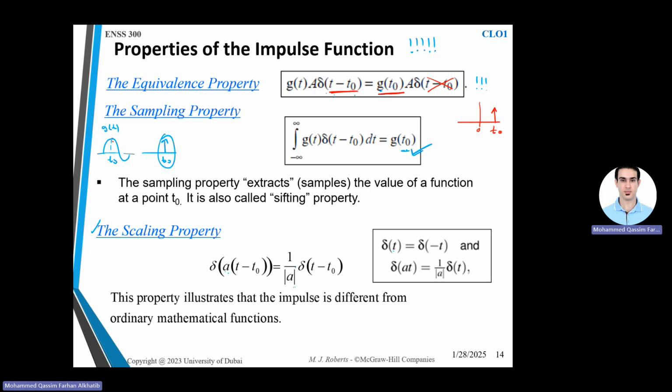Here is an example: by taking a single sample of this sinusoidal-like signal multiplied by the delta at t naught, I'm going to get that pulse at g of t naught. This other one we don't widely use, so I will not confuse you with it. It's one of the scaling properties of the delta function: when you have scaling in time, you scale the amplitude of the function itself.